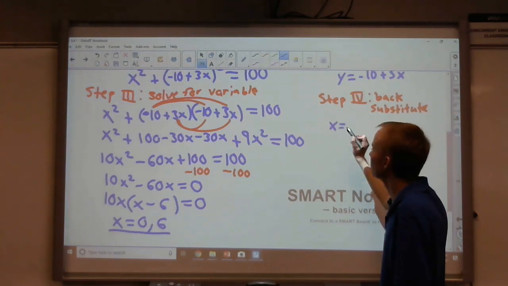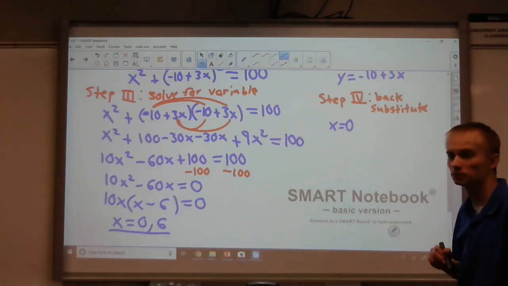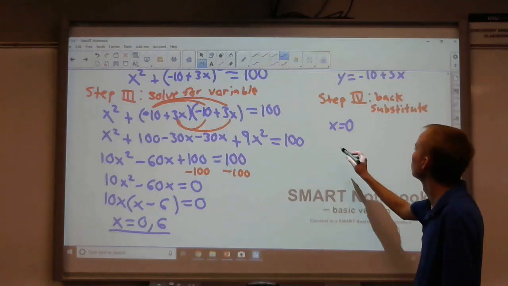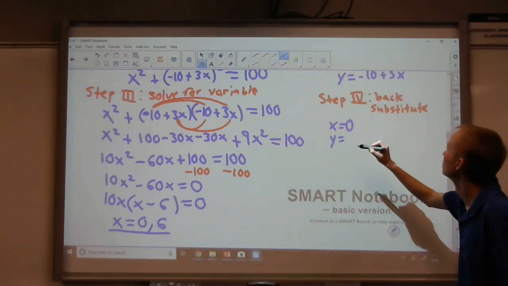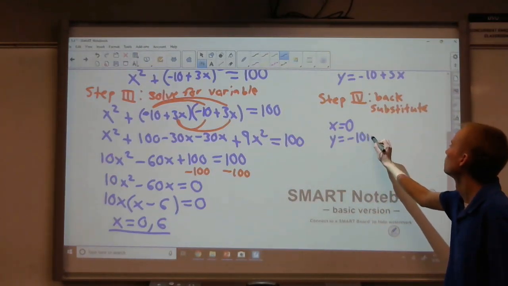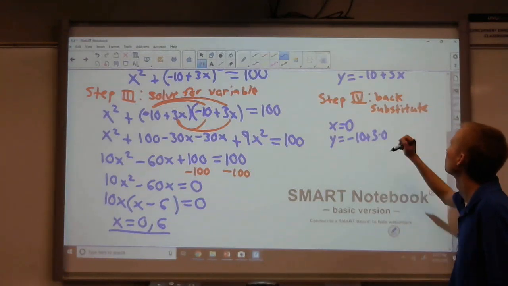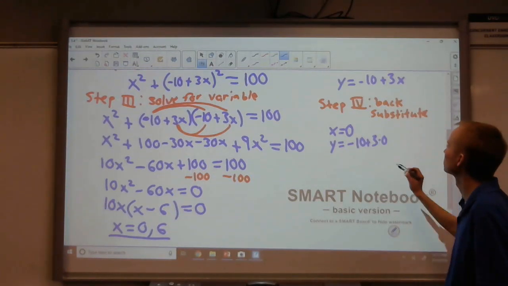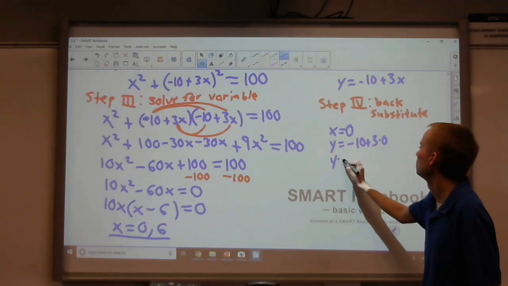So when x equals 0, what do I get? y would equal -10 plus 3 times 0, just plugging it in for x. So y would be -10.